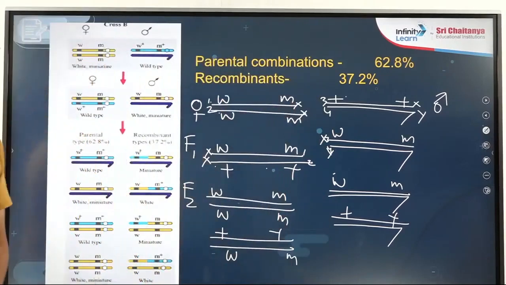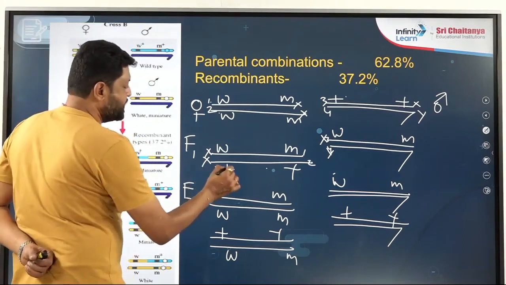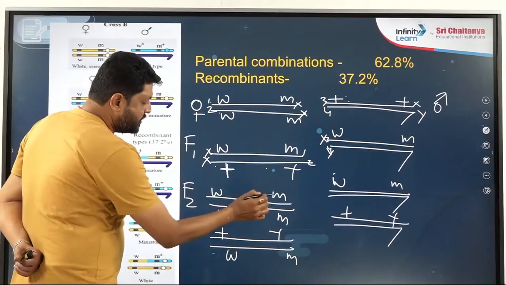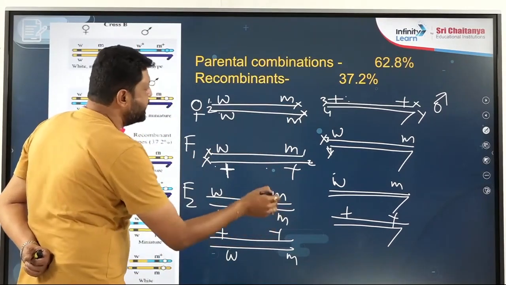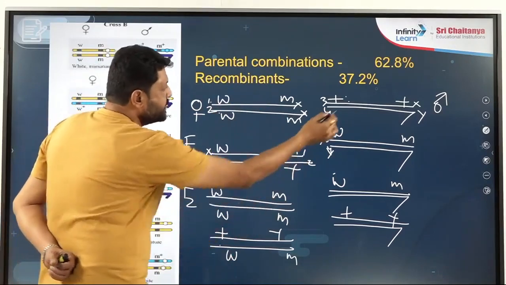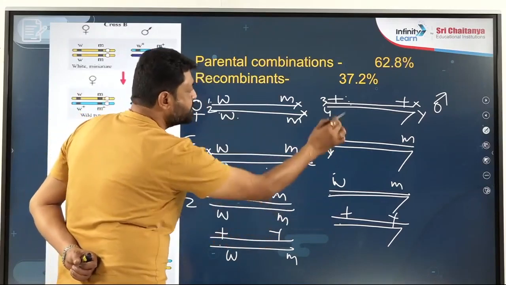So what you can understand from these crosses is, if there is no crossing over, in the presence of plus it is wild, and in the presence of white miniature it is white miniature. It is the characteristic of one parent. This is wild, this parent. This is white miniature, this parent.